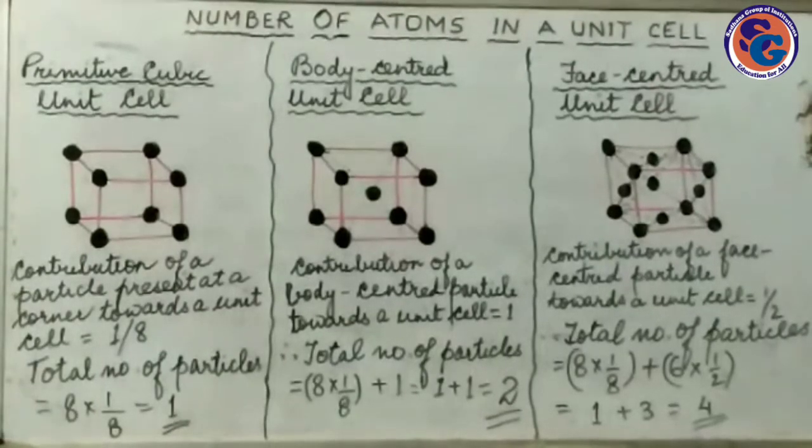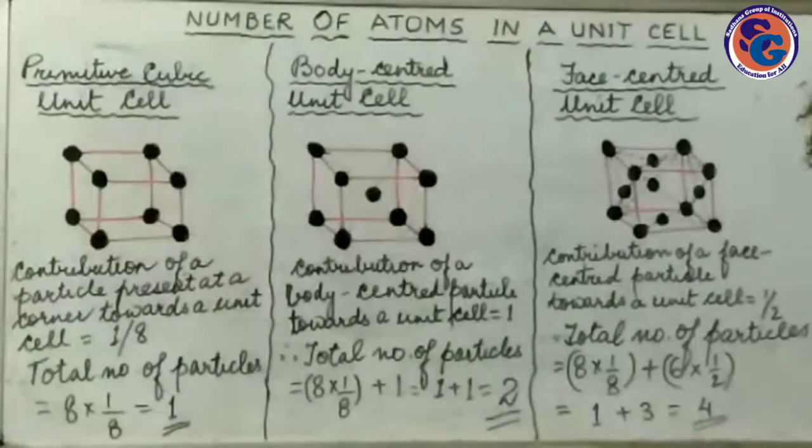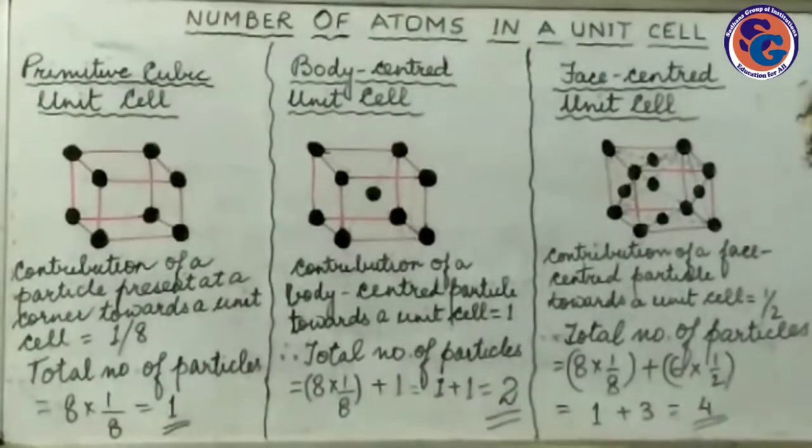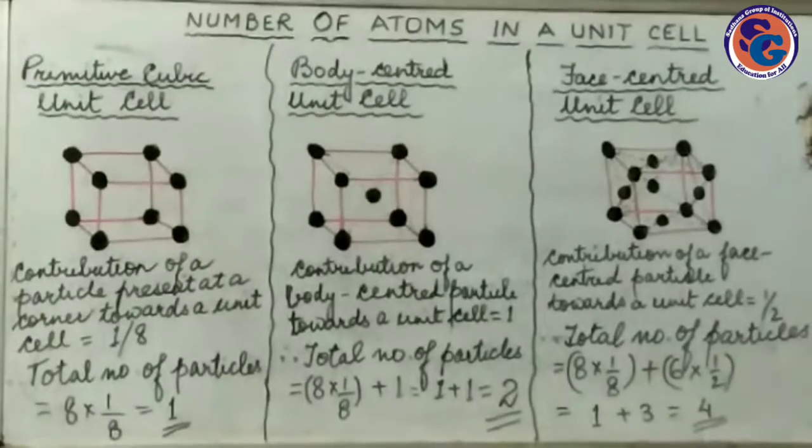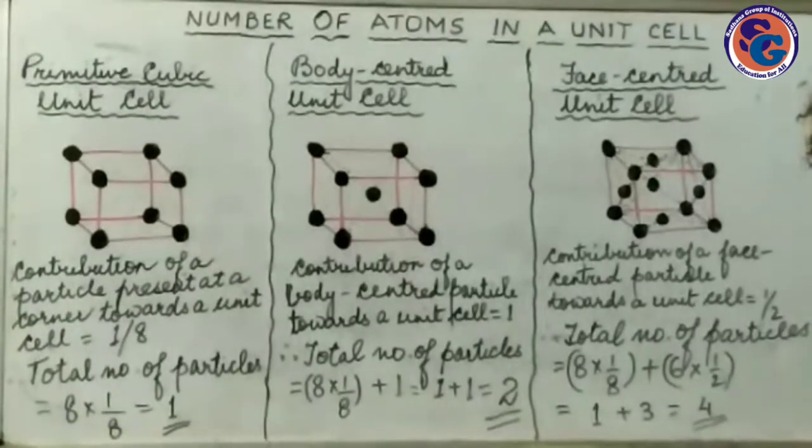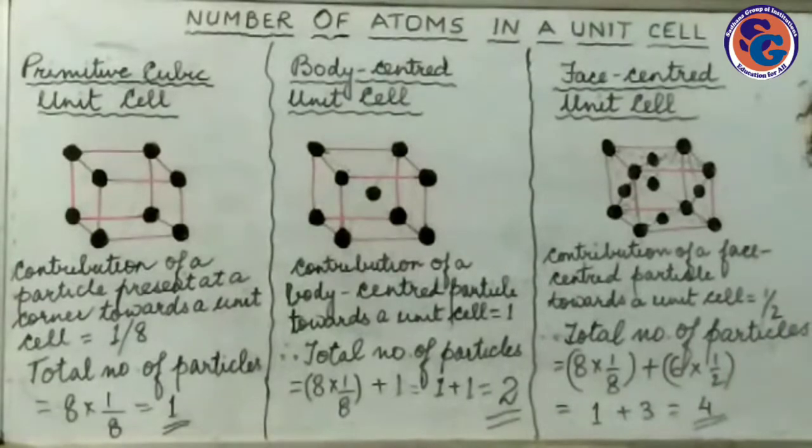And the contribution of those 8 particles which are present at the corners is equal to 8 into 1 by 8, and that makes it 1. So the total number of particles which are present in a face-centered unit cell is equal to 4.